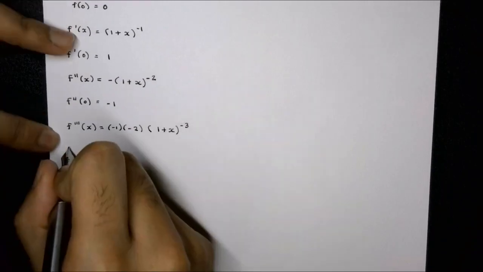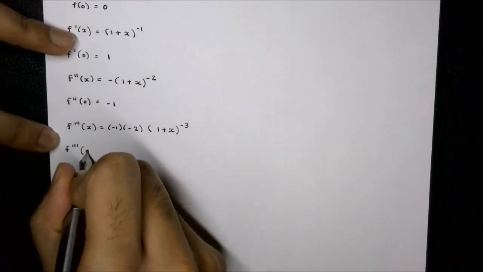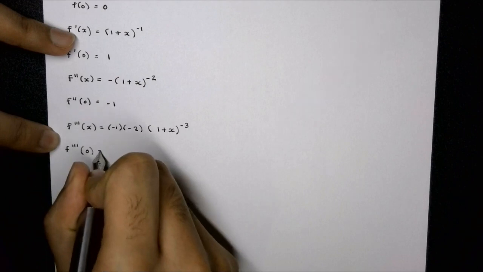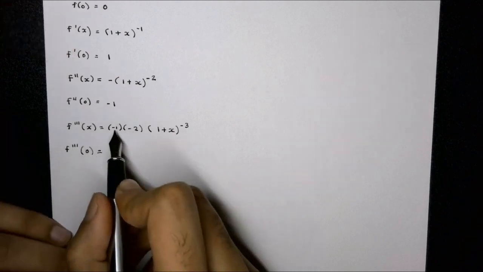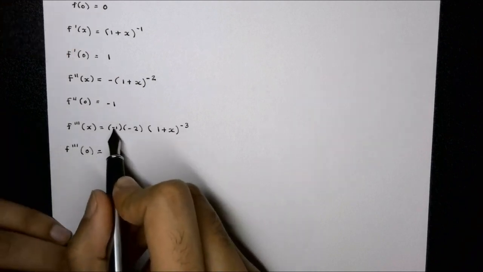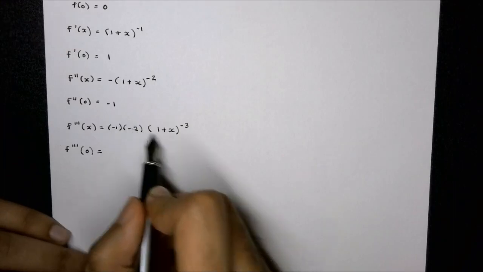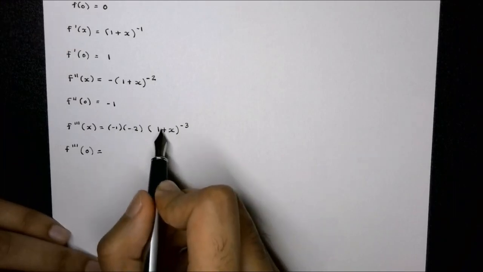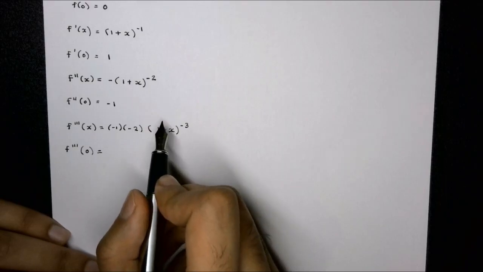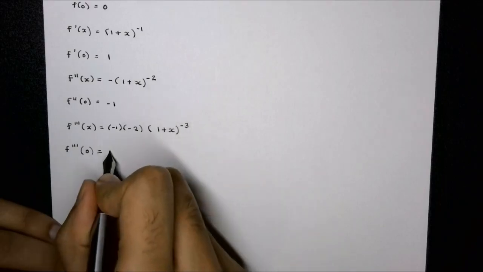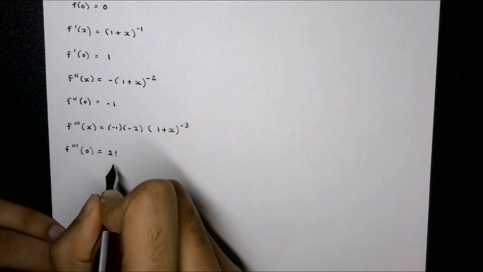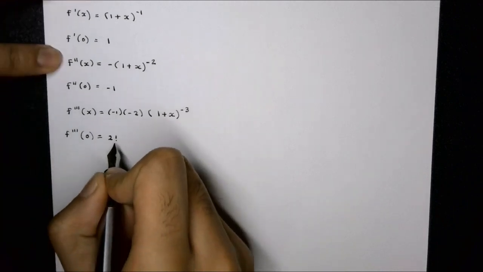And if we work out f triple dash of 0, you'd find here we get minus 1 times by minus 2 times by 1, so that will be 2. And I'm going to rewrite this 2 as 2 factorial, and you'll see why in a second.